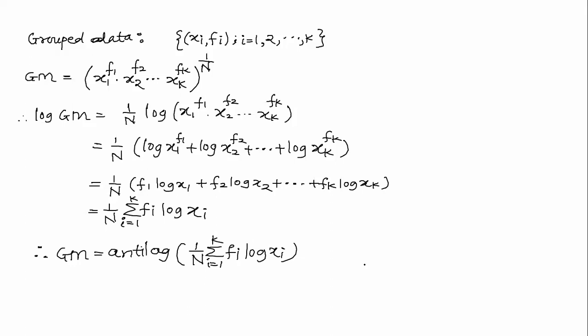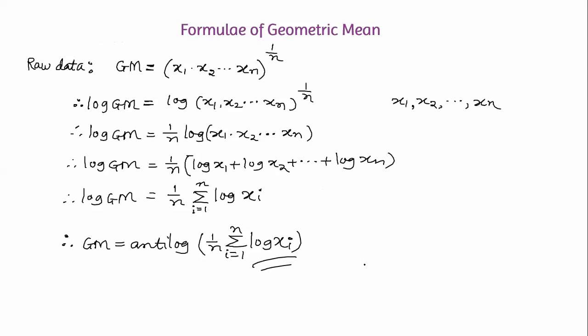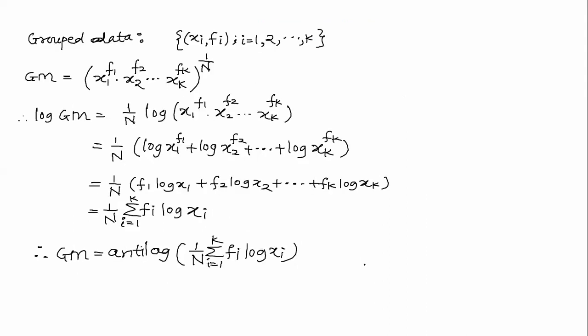Before that, I hope you understood, and as I have already told, if you have any formula for group data, you just have to say fi is equal to 1 and capital N is equal to small n and small k is also equal to small n. Then we will get the corresponding formula for raw data.